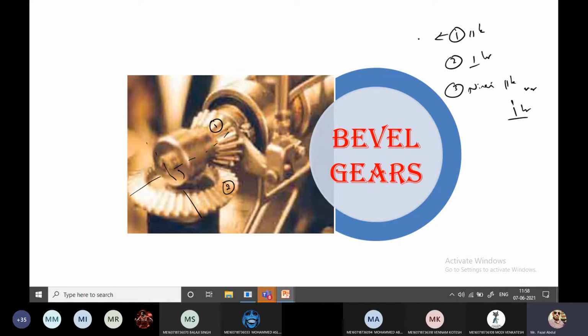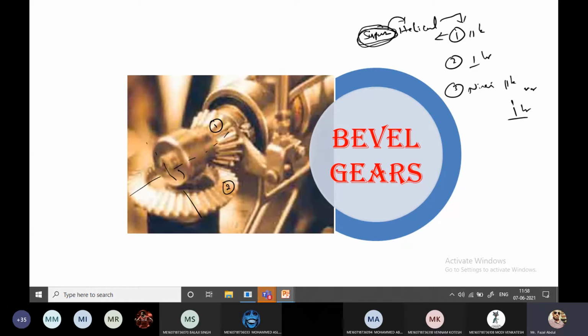The previous gears we studied, spur gear and helical gear, both come under the parallel classification. If you are perfect with the spur gear, you can easily solve the helical problems. Only the thing is, whatever equations you have in spur gear, we need to multiply or divide by cos alpha for all equations.